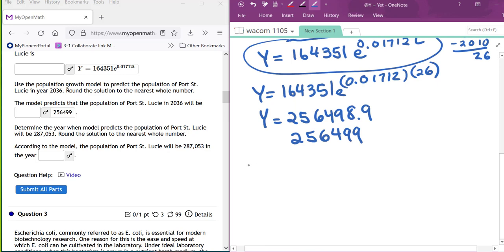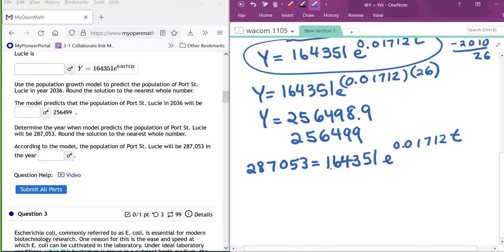All right, so our y is going to be the 287,053. Our initial is the same, because that's what the model was based on. E to the 0.01712 t. So now we'll want to solve for t.